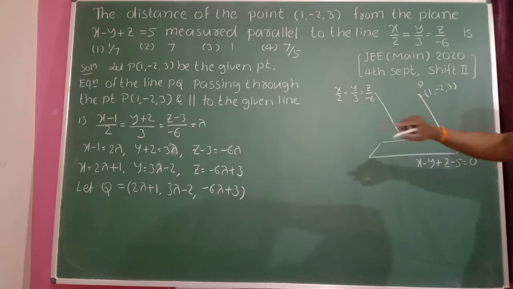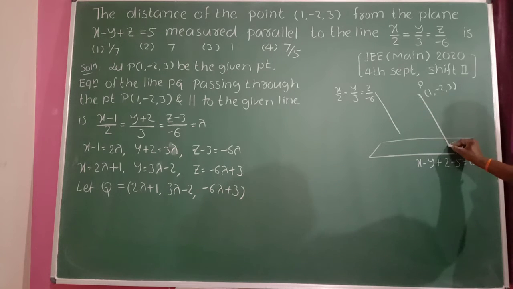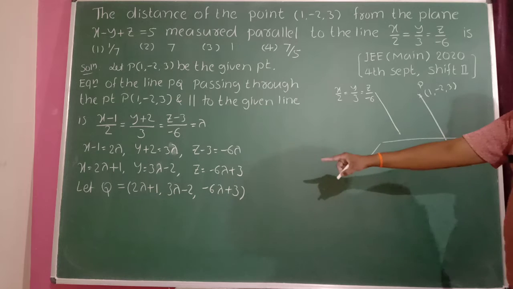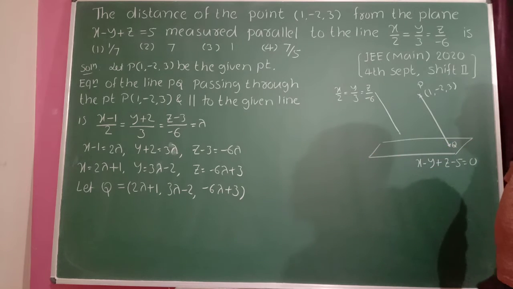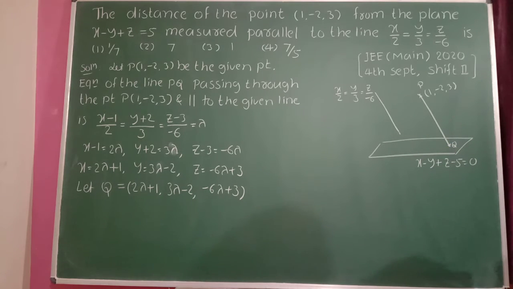It depends upon the lambda value. Consider this point, whose coordinates are 2 lambda + 1, 3 lambda - 2 and -6 lambda + 3. This point lies on the plane.